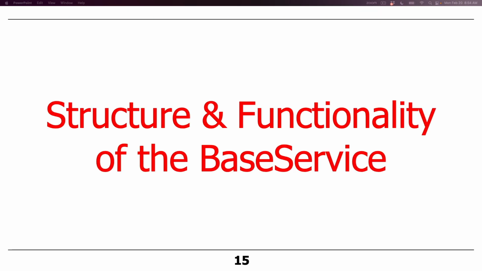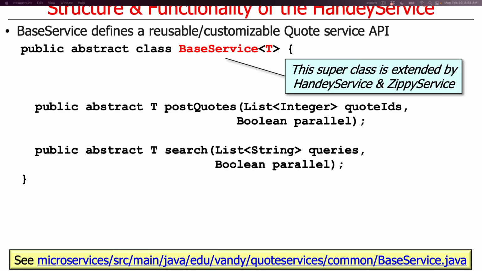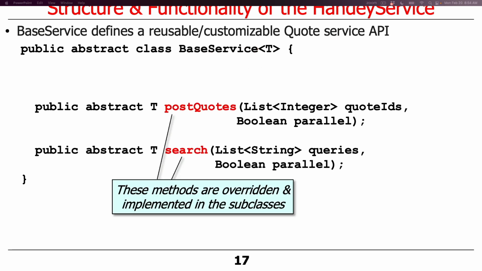So let's now talk about the structure and functionality of the base service. You'll see here we have the base service. This is the superclass that will be extended by the Zippy service and the Handy service. We then define these methods, which are defined as abstract, and those are intended to be overridden and implemented in the subclasses.